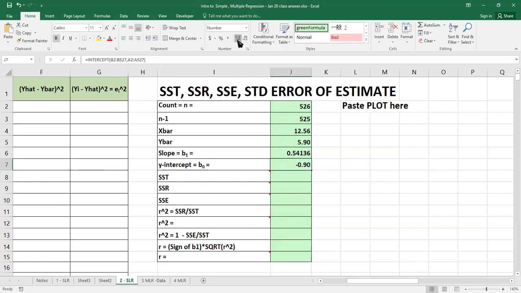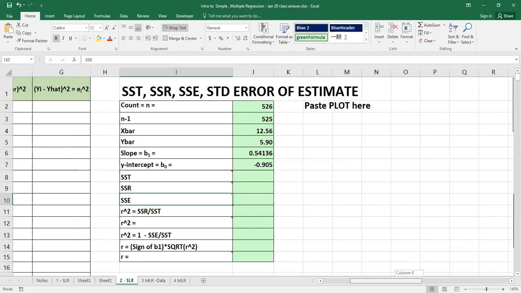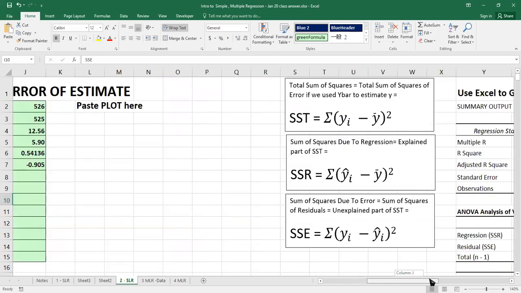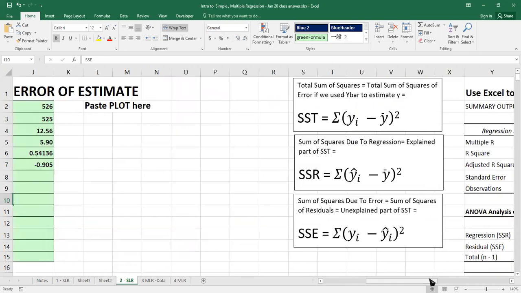Okay. All right. So we're now ready to compute for SST, SSR, and SSE. Si SST, guys, that's your total variance, no? Ang total variance natin will be yung actual minus the mean squared.